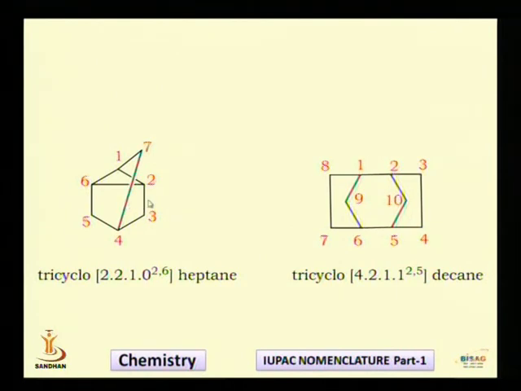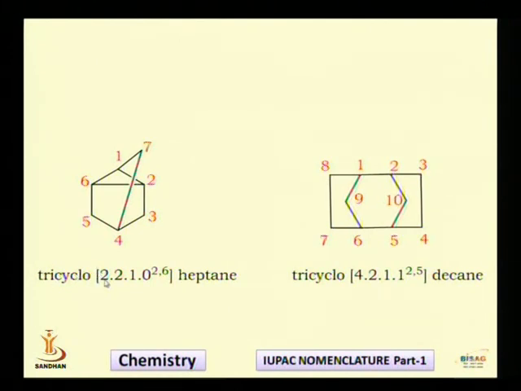Again I break a third bond, and the system becomes totally open. So I need to break 3 bonds in this compound to convert it into an open component, and that's why the system is tricyclic. And the moment I say the system is tricyclic, the prefix I put is tricyclo.